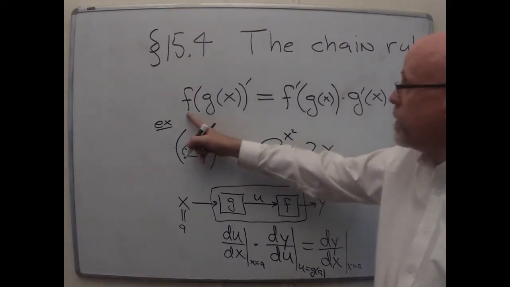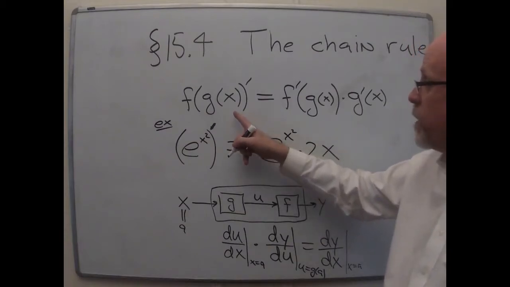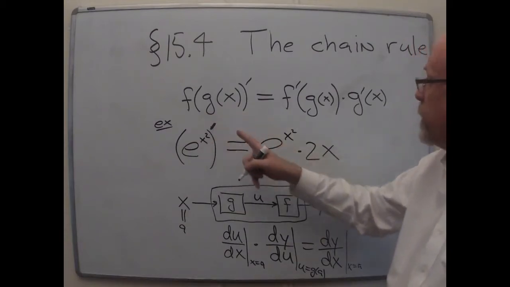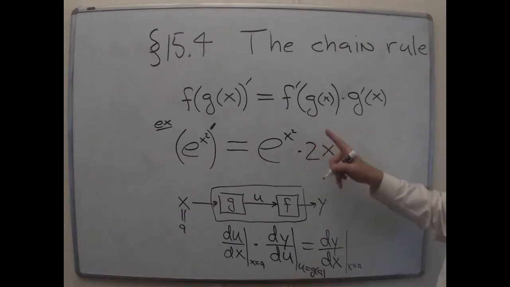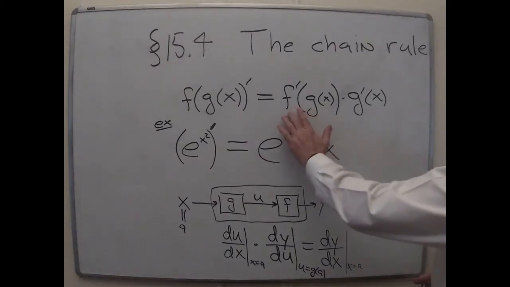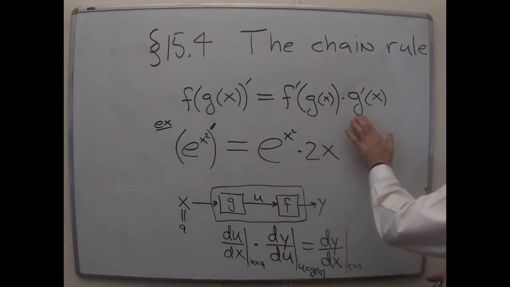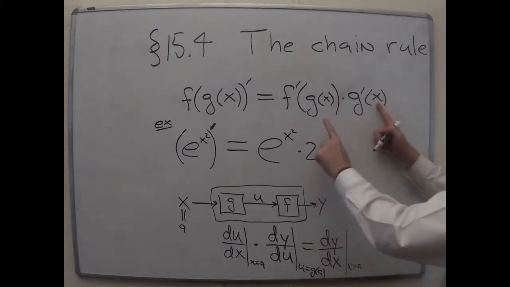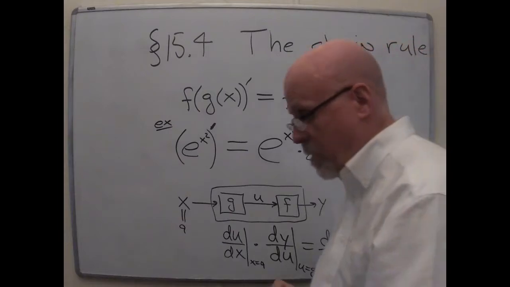But f is not having x directly fed into it. It's got g of x fed into it. That's why the thing looks a little more complicated. It's just that f prime needs to be evaluated at the place that corresponds to where g prime is evaluated. This guy happens at x, this one at g of x. The Leibniz notation just sweeps that under the rug, which in some sense is a better idea, I think.